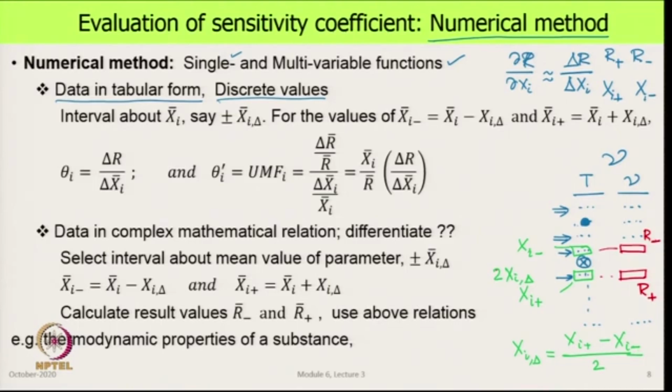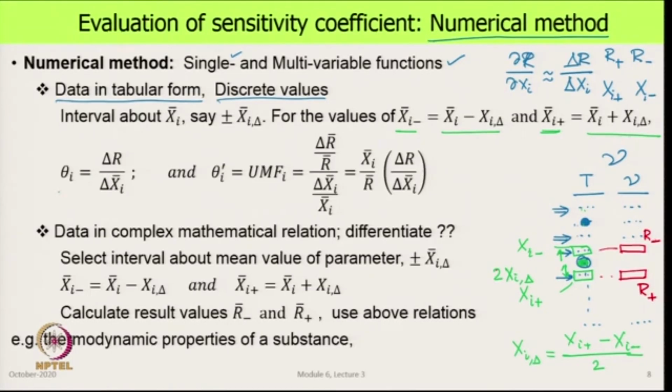And if this point is in the middle of this interval, then xi minus becomes xi minus xi delta, xi plus is xi plus delta. So, we are adding half to get this value, we are subtracting half to get the lower value. So, that is how we got these numbers, and I put the bar on top of this because these are actually numbers in some sense, the result value, the variable value.